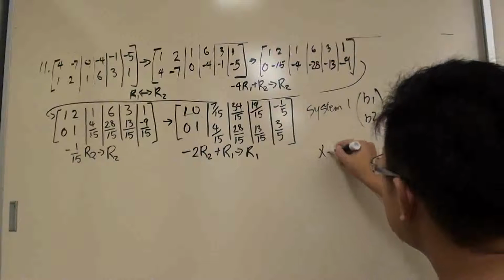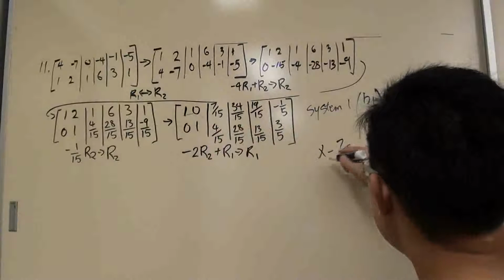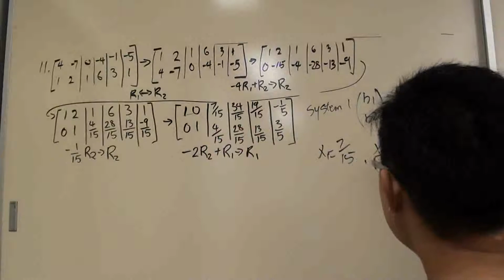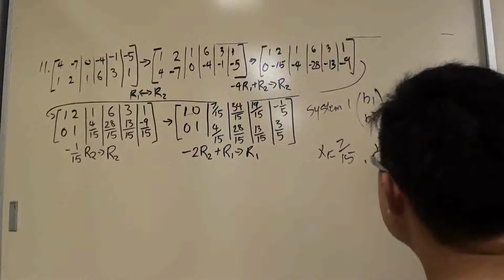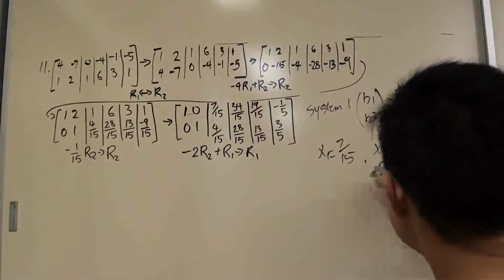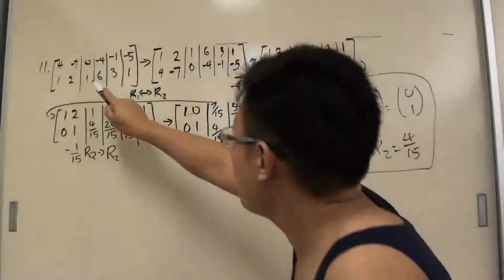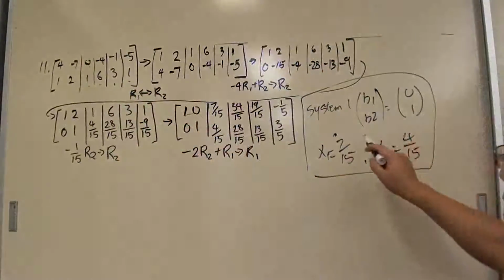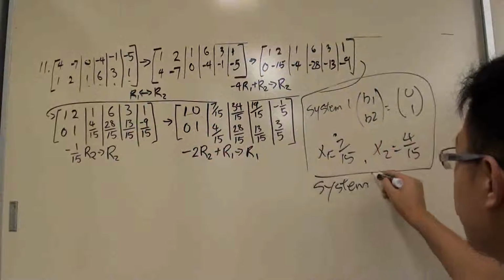For that, x1 has to be negative 15, and x2 will be 4 over 15. That's system 1. How many systems are there? 1, 2, 3, 4. So you're going to write this for system 2, system 3, system 4.